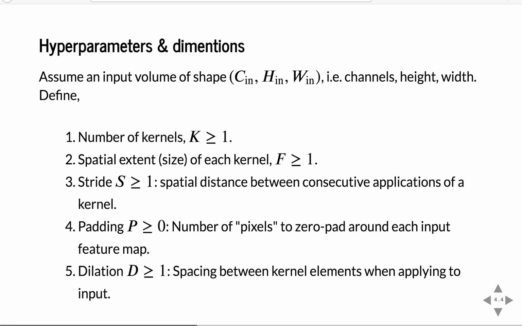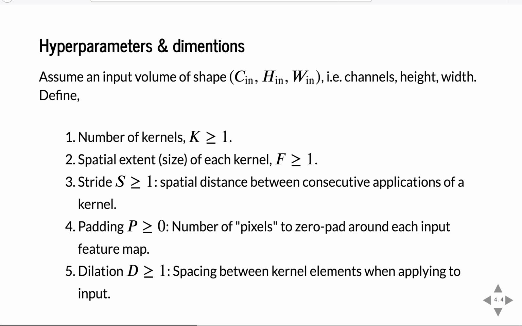Convolutional layers have hyperparameters that allow us to define how they operate on the data. Let's assume our input volume has shape C in, H in, W in: the number of channels, height and width.